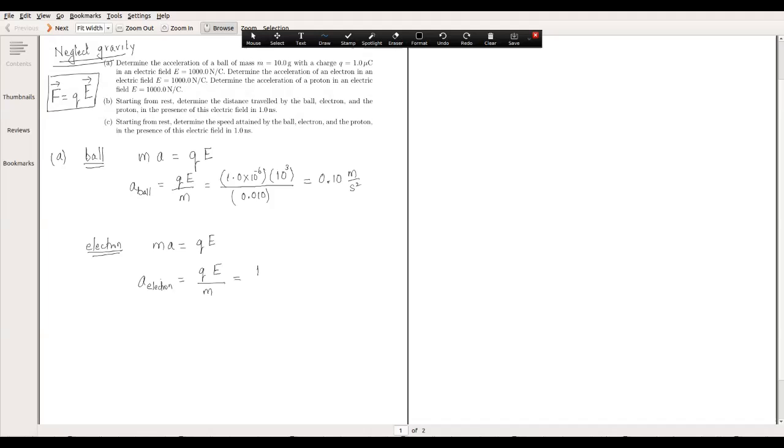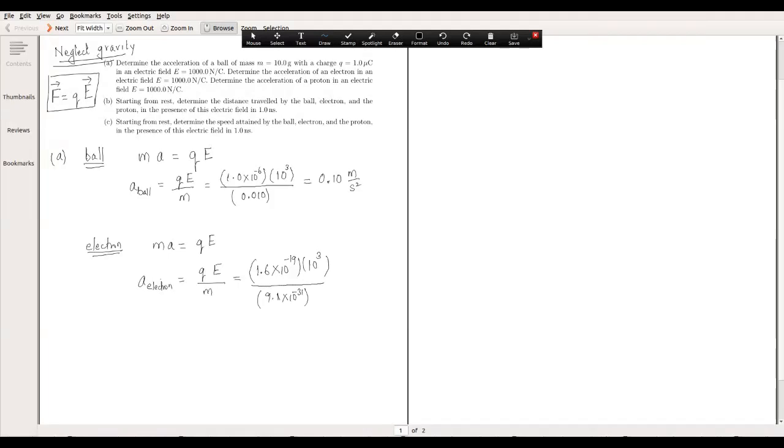The charge on the electron is 1.6 times 10 raised to minus 19 coulombs. The electric field remains the same, that's 1000, so it's 10 raised to 3, divided by its mass, which is 9.1 times 10 raised to minus 31 kg, a really tiny number.